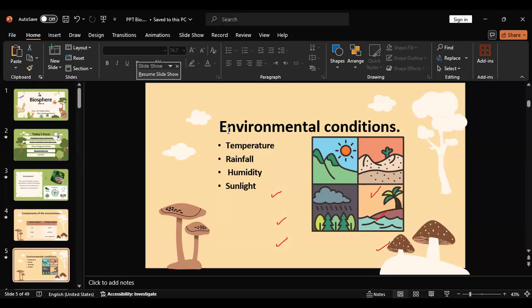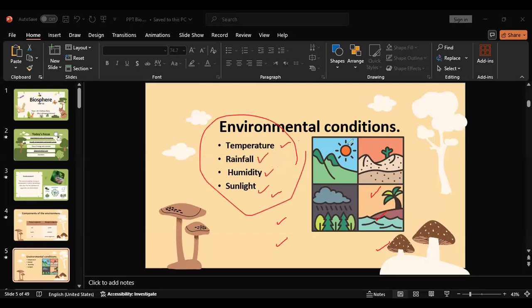Not only that, in addition, there are environmental conditions also. What are those? Temperature. In every environment there is a particular temperature and rainfall, humidity, sunlight. These are the environmental conditions.